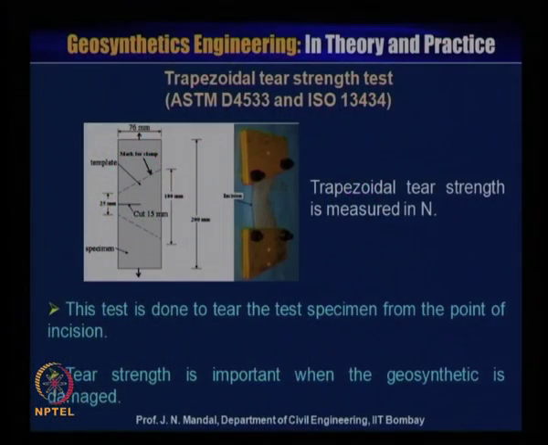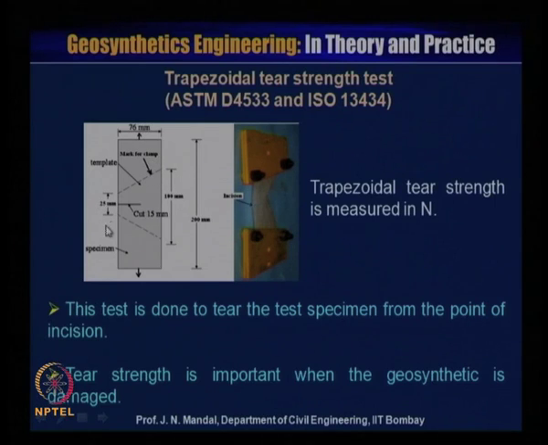Now, we will discuss the trapezoidal tear strength test as per ASTM D4533 and ISO 13434. The trapezoidal tear strength is generally measured in Newton. You can see this is the sample, and in this specimen this is about 100 millimeter and this is 200 millimeter.